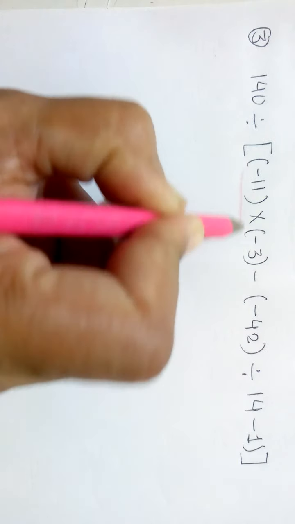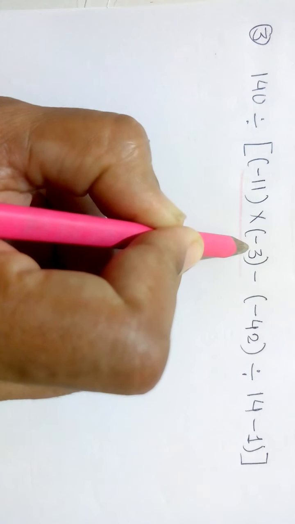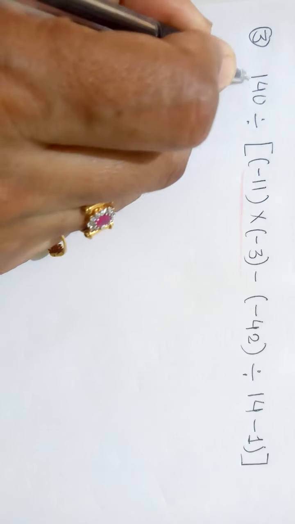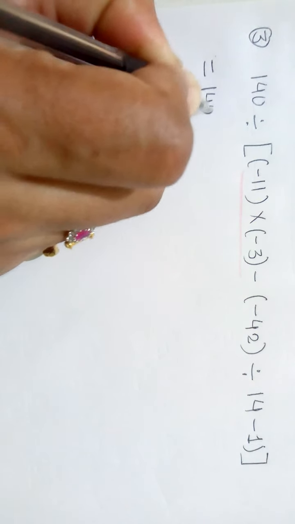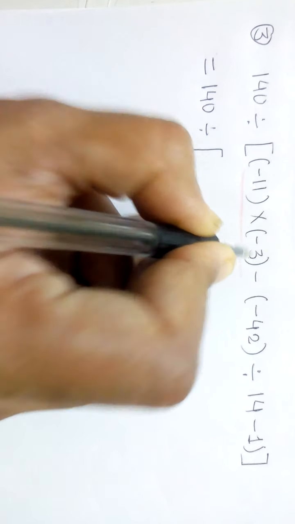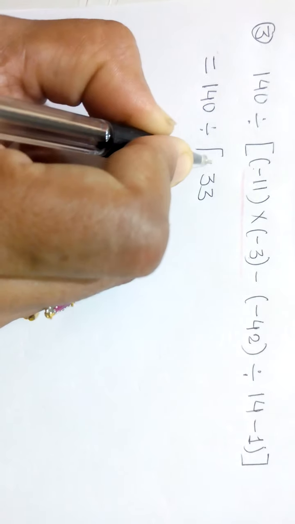From the left side, multiplication or division, whatever operation is first, that we have to follow. So in the bracket, which operation is first from the left side? Yes, multiplication is there. So we will multiply negative 11 and negative 3. First we have to give the equal to sign. Write 140 as it is, divided by bracket, 11 3s are 33, and here negative times negative will be positive.